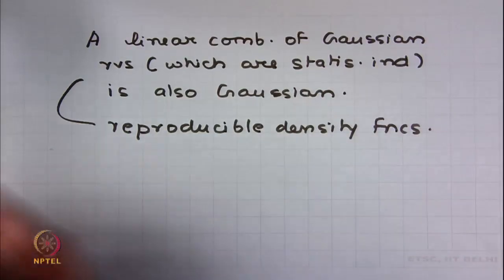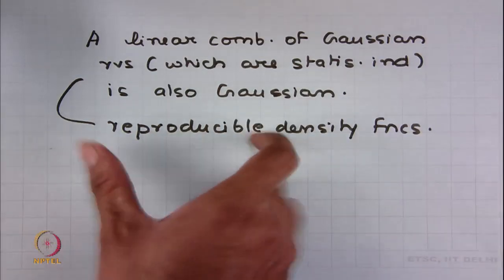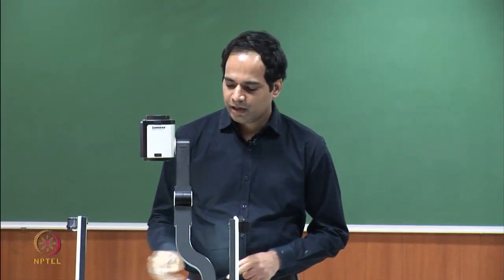As you can imagine, there are not many density functions which are reproducible. It is a very special class of density functions which shows the property that you make a linear combination of such random variables and the resultant random variable also exhibits the same density function, and the Gaussian density function behaves in that way.